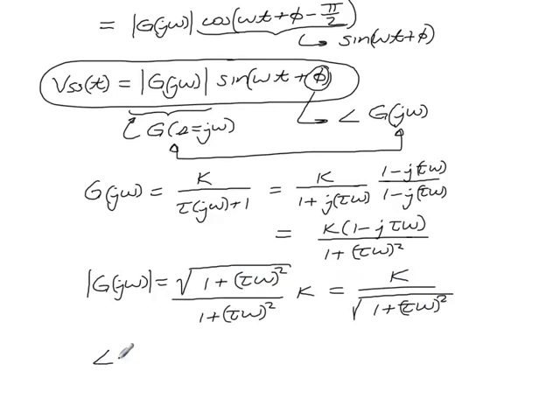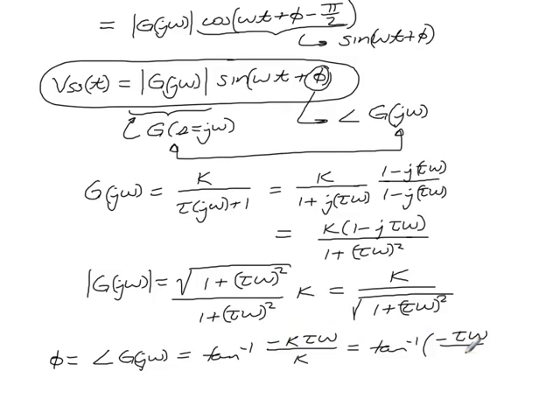The phase angle, φ, is the inverse tan of the imaginary part. The imaginary part we see was minus Kτω. The real part was K, so that's the inverse tan of minus τω. I'm going to keep the 1 in there just to emphasize that if you did use the atan2 function, you would have minus τω followed by a 1.